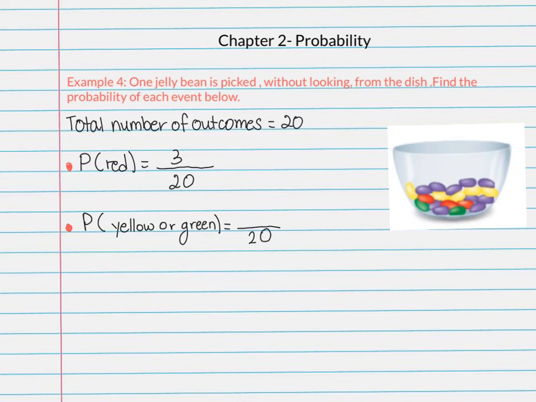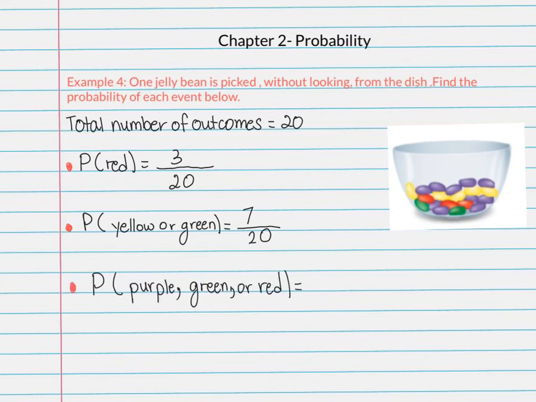When we have "or", we count both yellow and the green ones. Let's count them. I have 2 greens, then 3, 4, 5, 6, 7. I have 7 yellow jelly beans with green jelly beans. So the total is 7 out of 20.